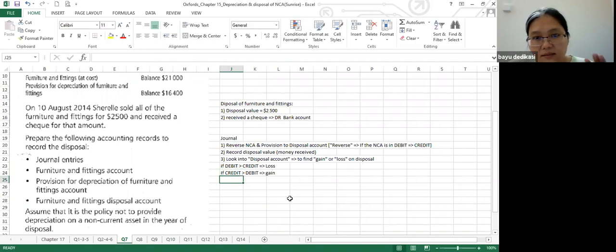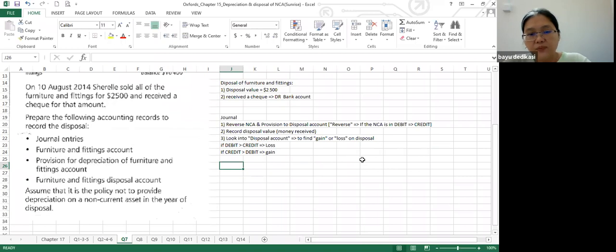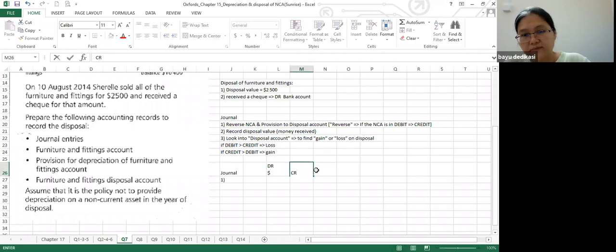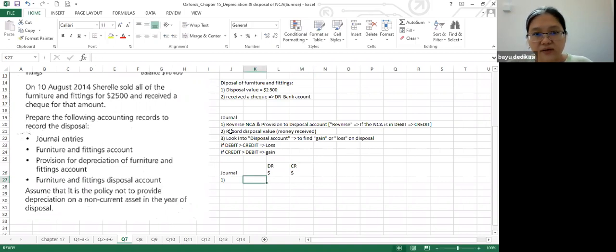Clear for this one? So now we do the journal entry according to what the question requires. Follow the steps in here. We put journal number 1. This $ sign basically is a debit and credit. If we want to be more complete, then we put debit, credit. The first one, reverse non-current asset and provision account.